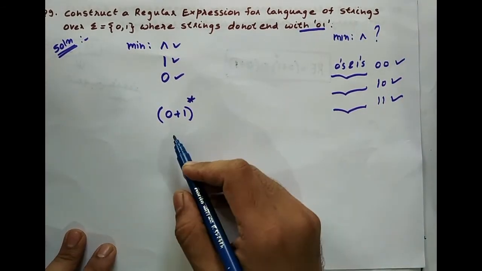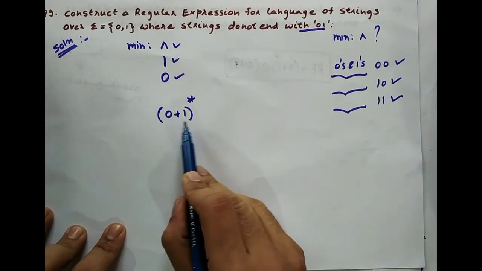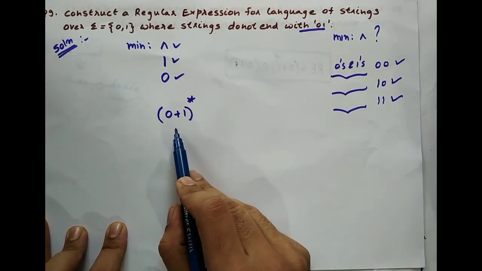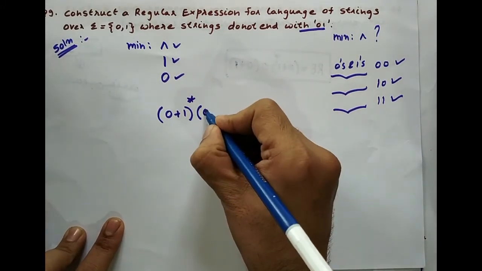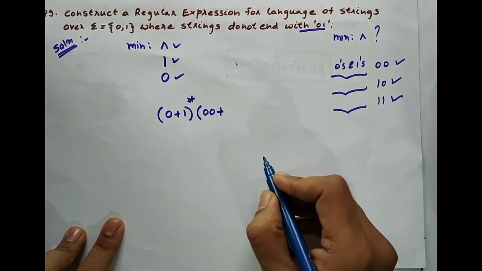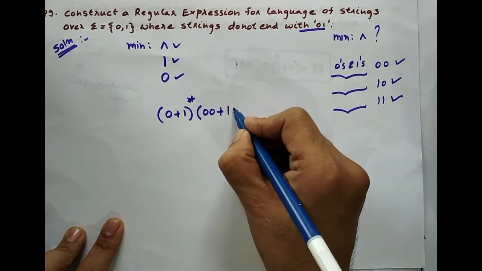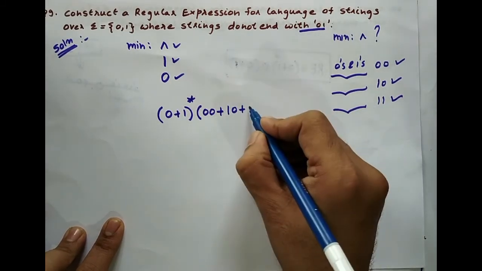For such strings, the first half can be any combination of zeros and ones, but the string should either end with 00, or it can end with 10, or it can also end with 11.